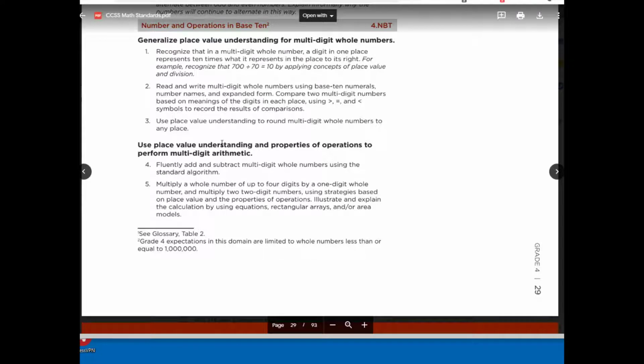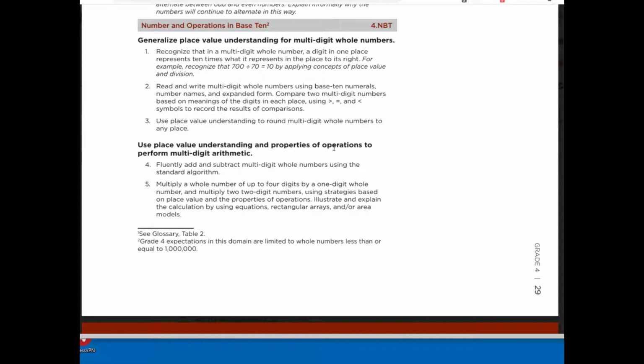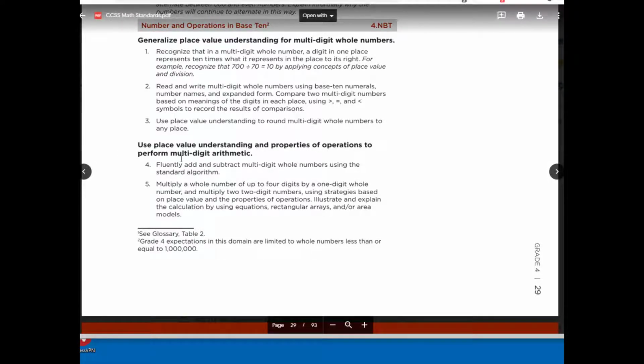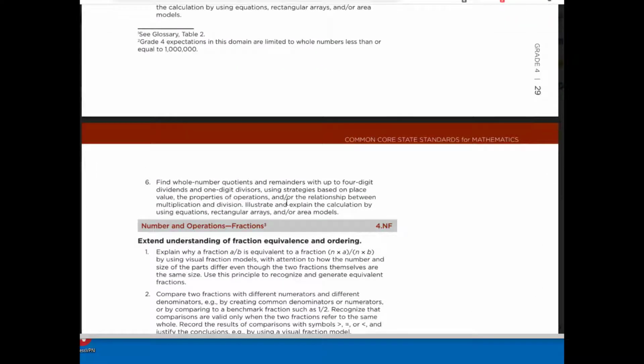Use place value understanding and properties of operations to perform multi-digit arithmetic. This is just slightly different than what is in the information that the teacher posted, but it says find whole number quotients and remainders with up to 4-digit dividends and 1-digit divisors using strategies based on place value, the properties of operations, and the relationship between multiplication and division.